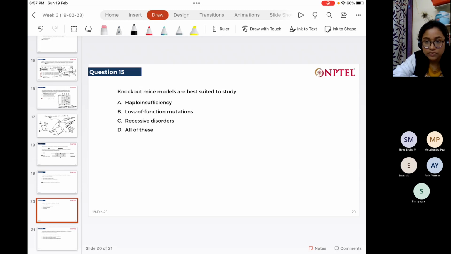So haploinsufficiency, if you recall, often happens in a heterozygous condition where, even though the mutant allele is not functional, whatever protein the normal or wild type allele is creating is not sufficient for the proper functioning of the cell. So even if the normal allele is present, the cell is not showing the normal phenotype.